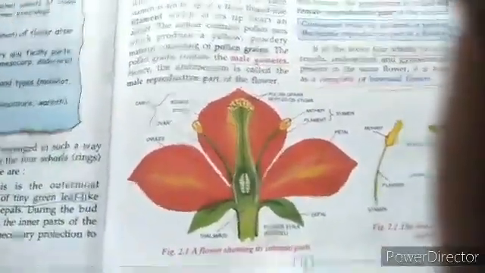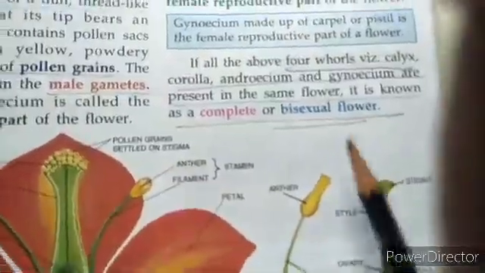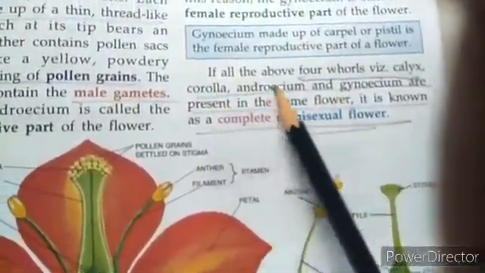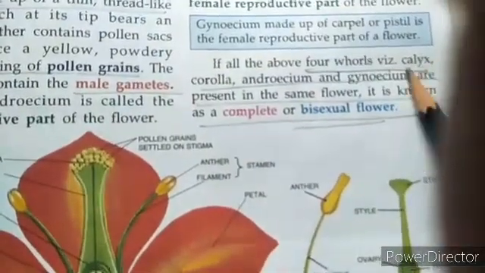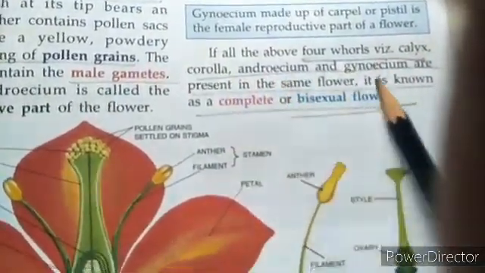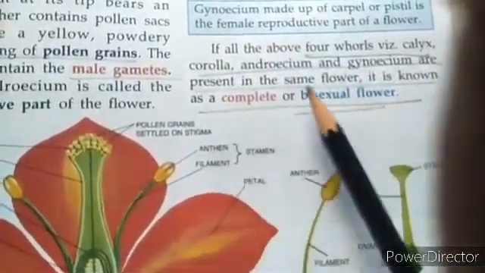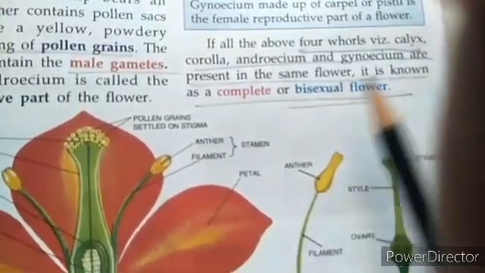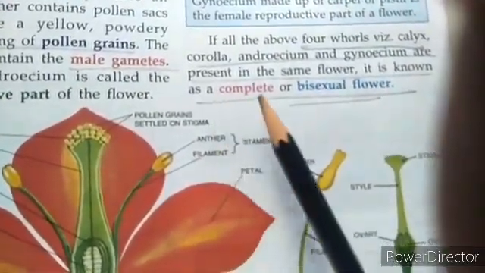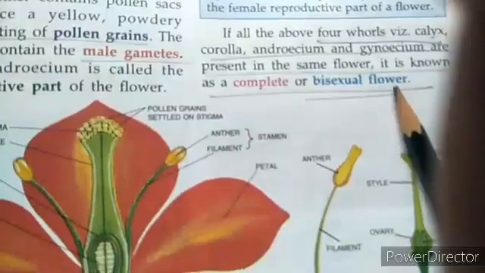All right, now let's read further. If all the above whorls, that is calyx, corolla, androecium and gynoecium, are present in the same flower, then this flower is known as a complete or a bisexual flower.